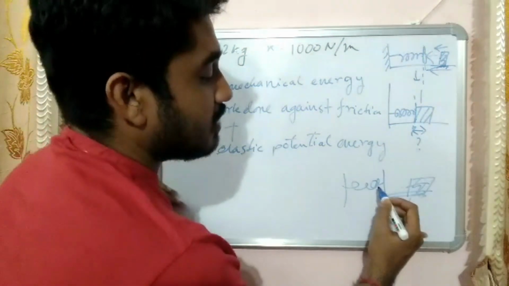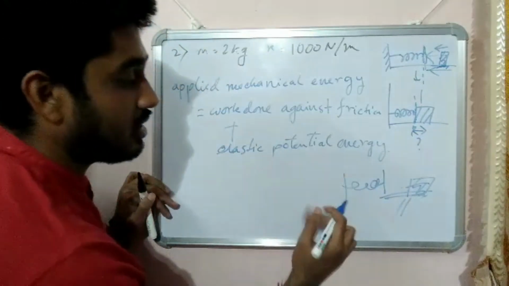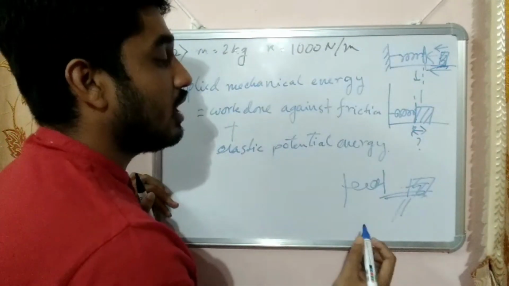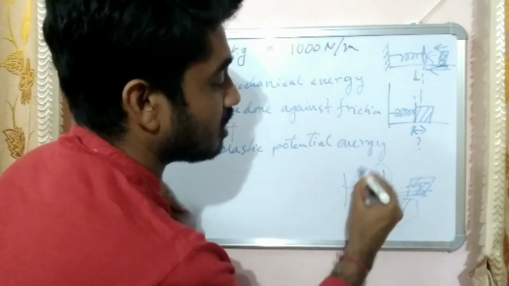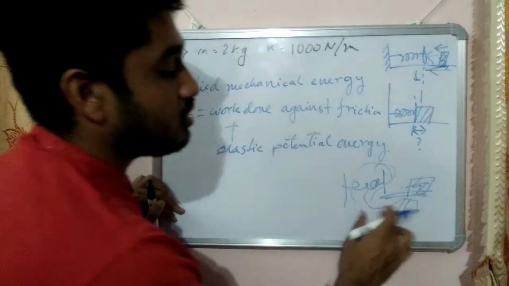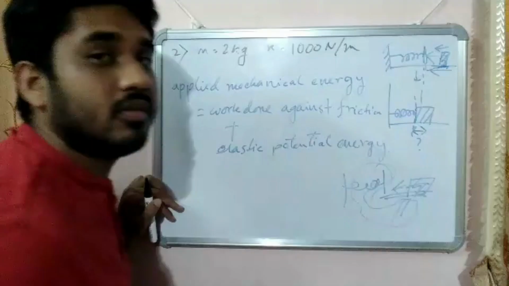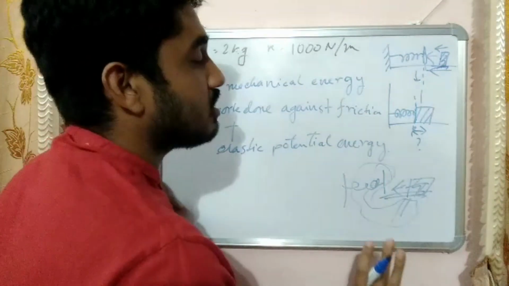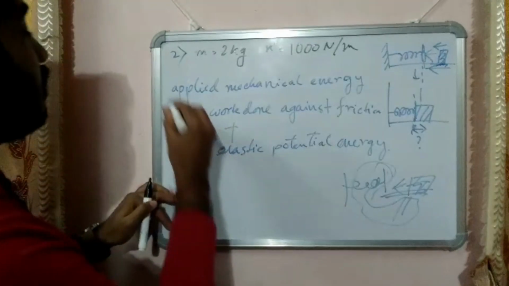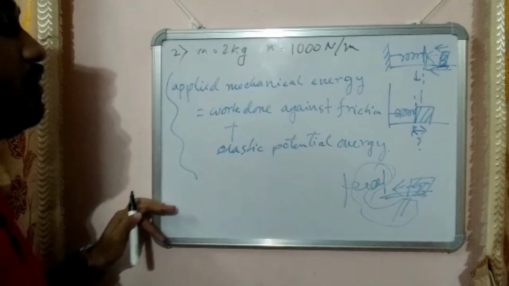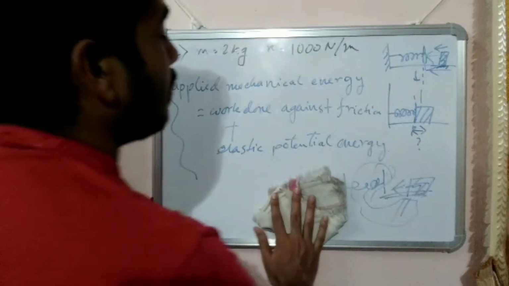These two will resist the block from moving further. When the sum of these two equals the energy of the block, the block will be at rest, or the velocity of the block will be 0. So we have to calculate these two energies to find the answer.